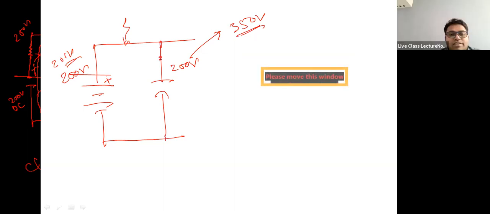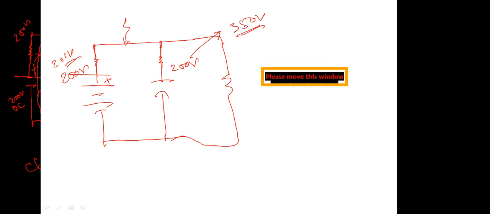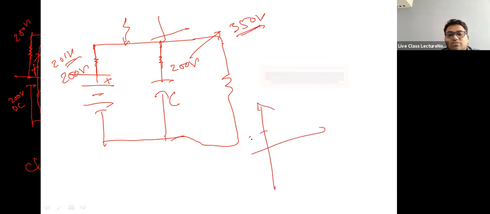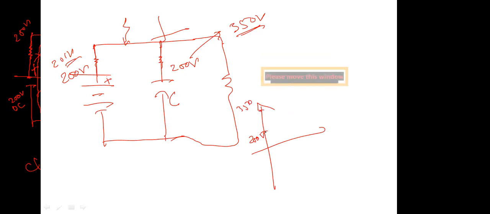Now these lines have some resistance. When you are trying to discharge through a resistor, which one will get discharged first? The capacitor, till it comes to the battery voltage. Say this is 200 volts and this is 350 volts. It will discharge like this.